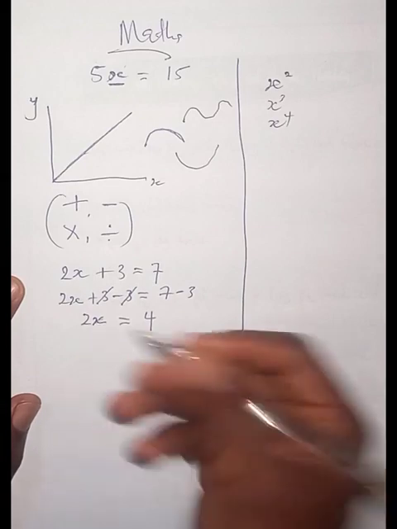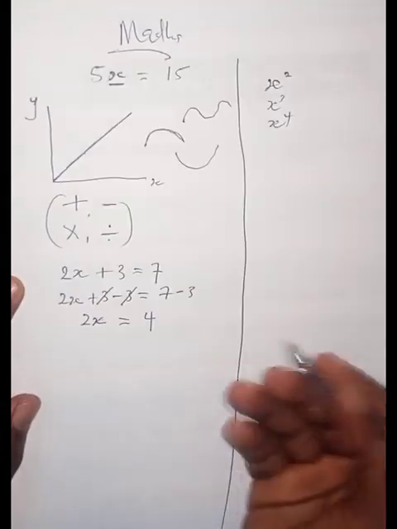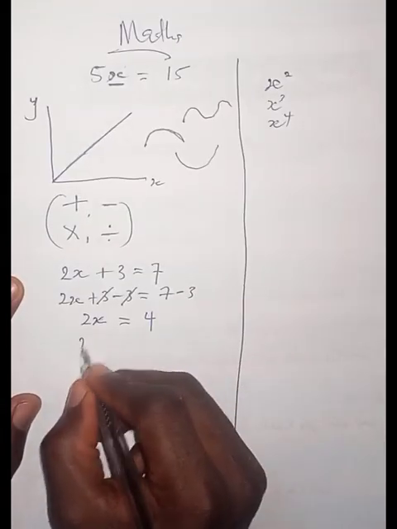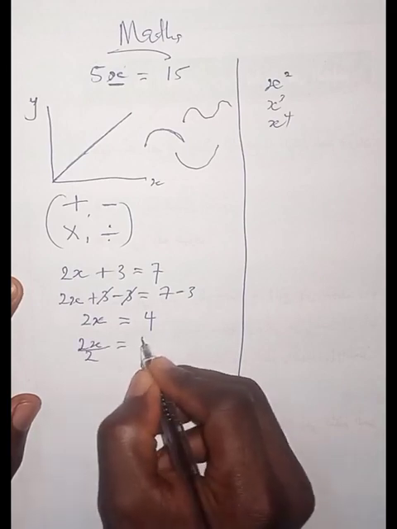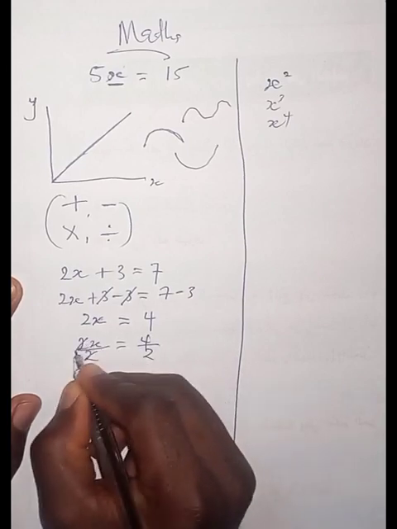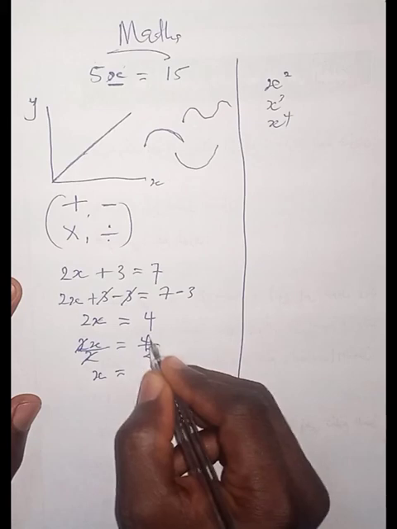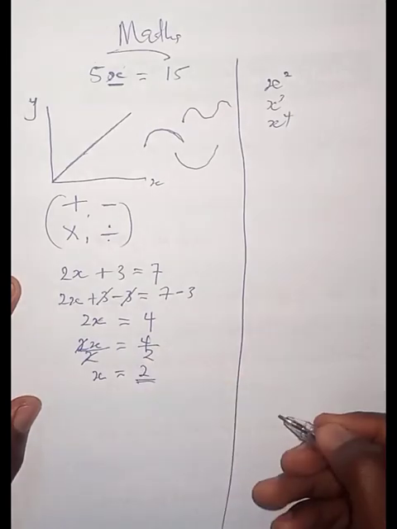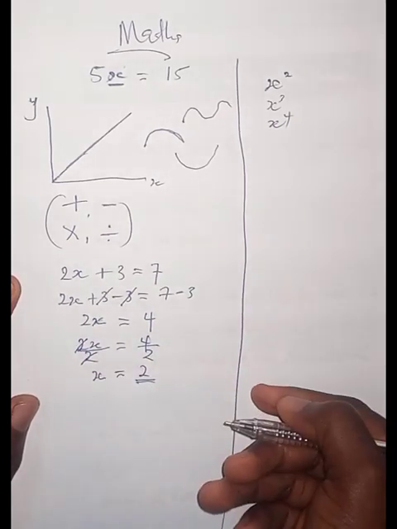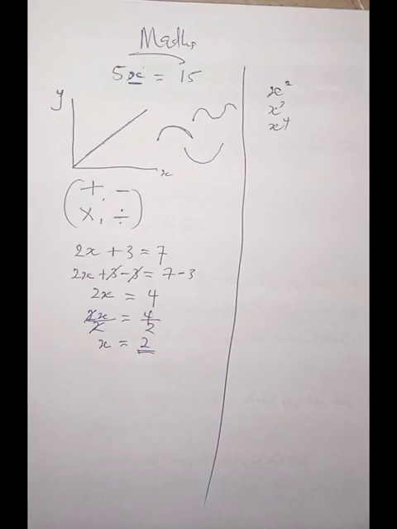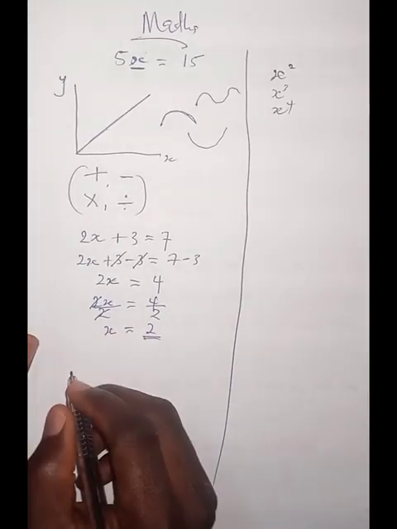With that, these 2 will be eliminated using inverse operation. So 2x divided by 2 equal to 4 divided by 2. So you have x is equal to 4 divided by 2, we have 2. So our variable is 2.